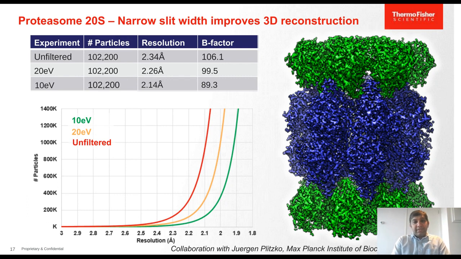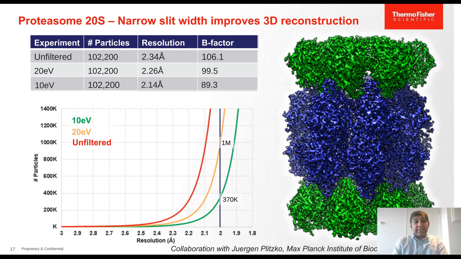If we were to just take a point on this plot, let's say 2 angstroms, how many particles would we need to reach 2 angstroms? Then it becomes clear that with the 10 eV slit, we will need about 370,000 particles of this type to reach 2 angstroms. If we were to use a 20 eV slit, then we will need 1 million particles to reach the same resolution.